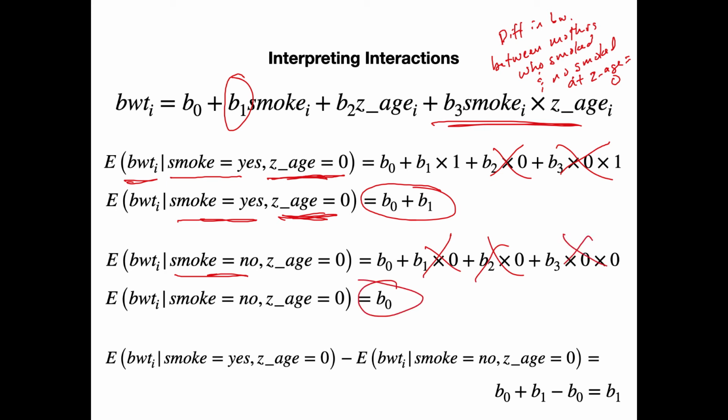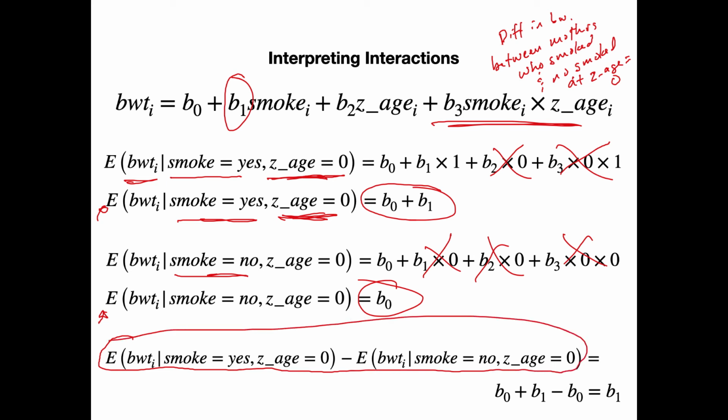If we want the difference between mothers who smoked and mothers who didn't when age is 0, then we just take the difference between those two. Here's our B0 plus B1, then we subtract out B0, we get rid of these, and we're left with B1.